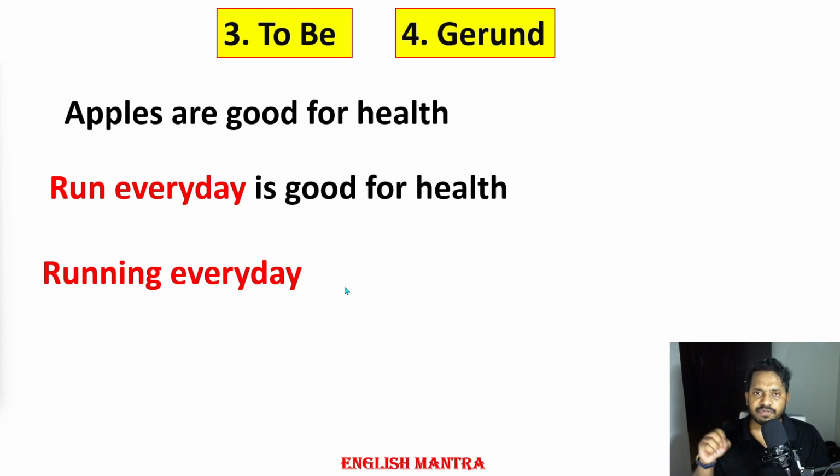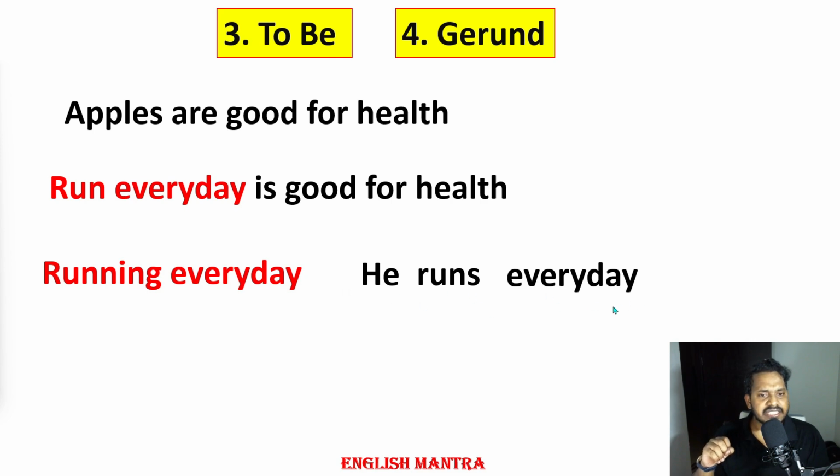How to make this infinitive phrase? See, he runs every day. This is a normal tense. You take any tense, whether it is simple present, simple past, present perfect, past perfect, or even their passive voice. You just remove the subject and place to. To is the infinitive. Place to, then it becomes an infinitive phrase.